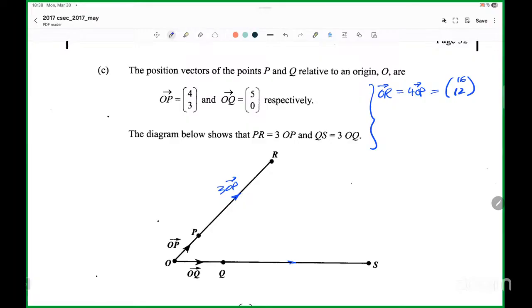So right here, from Q to S is 3 times OQ. So again, OS then is 4 OQ. 1 OQ plus 3 OQ makes 4 OQ. That's what OS is. So OS is 4 OQ.